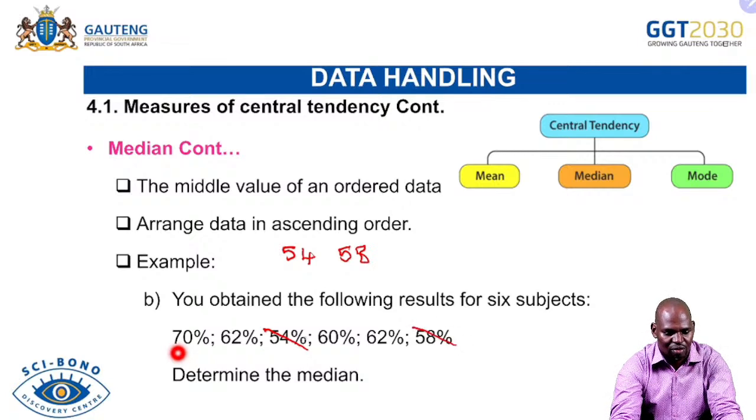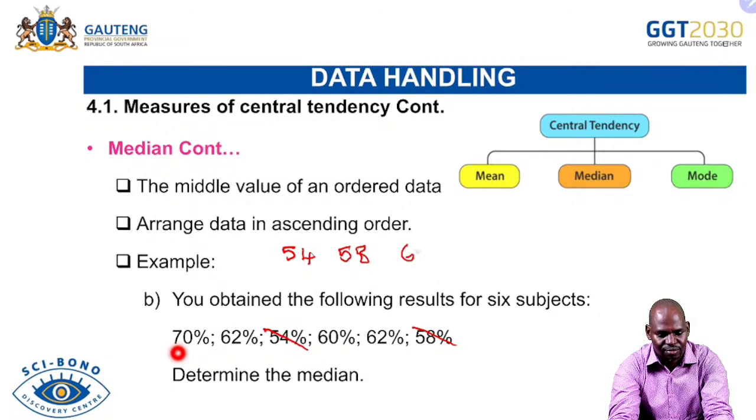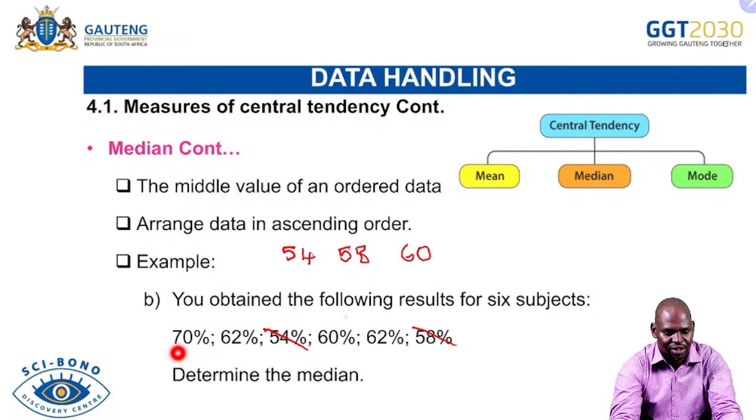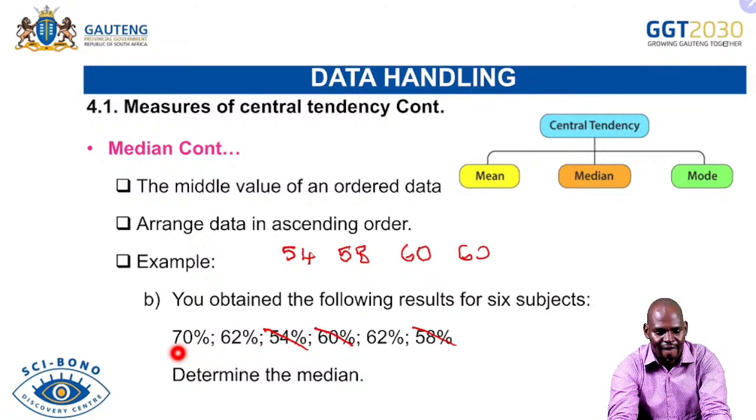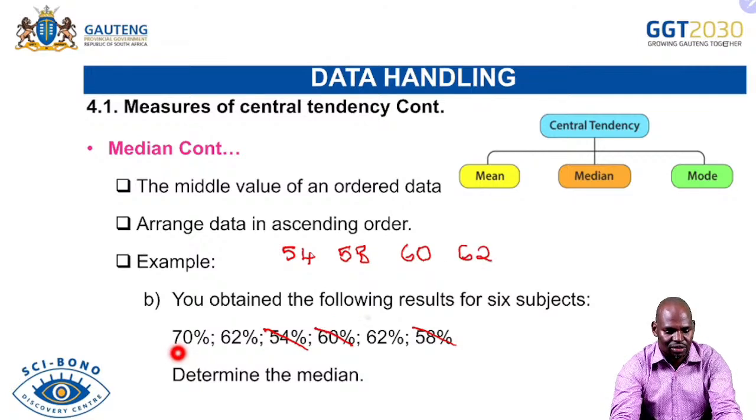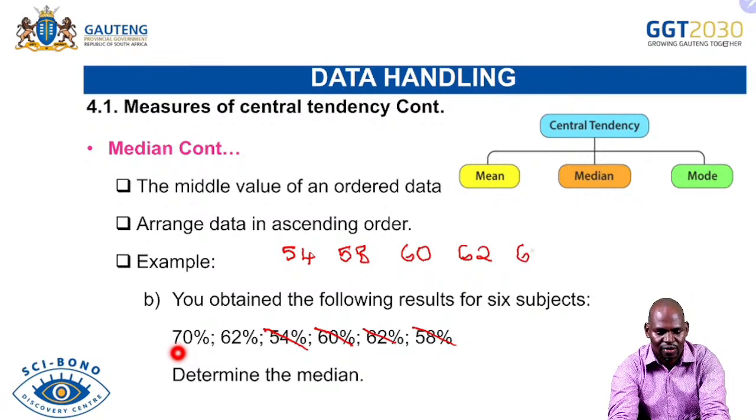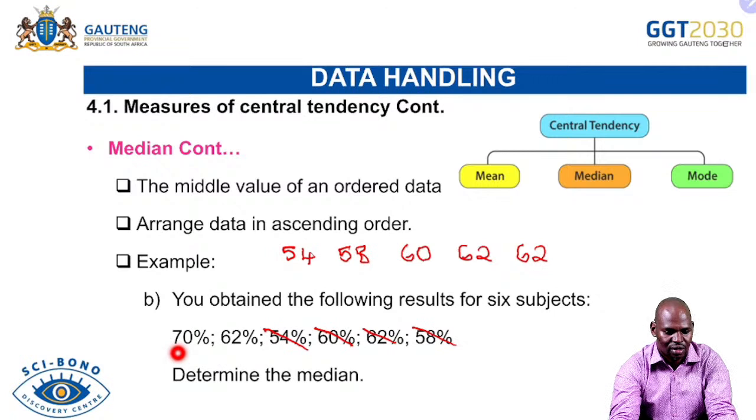After 58, we've got 60. After 60, we've got 62. Then after 62, we've got another 62. And then we've got 70.